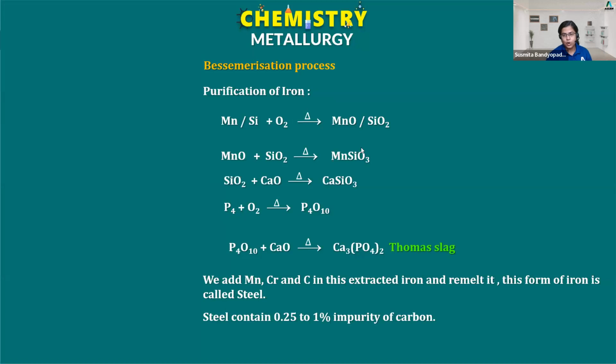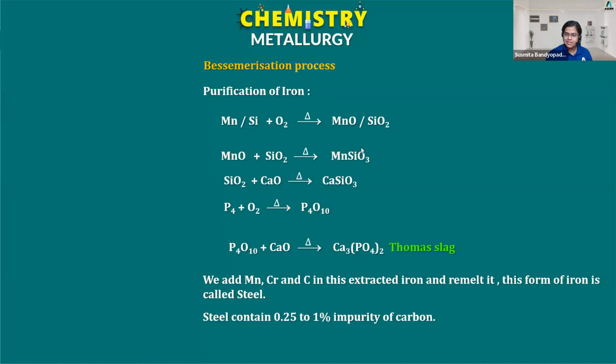Pig iron contains a lot of impurities, students. So we have to purify that iron, and then we will add manganese, chromium. Carbon will already be there, according to me. In cast iron, sufficient carbon is already there.